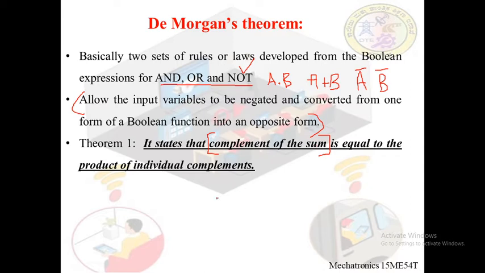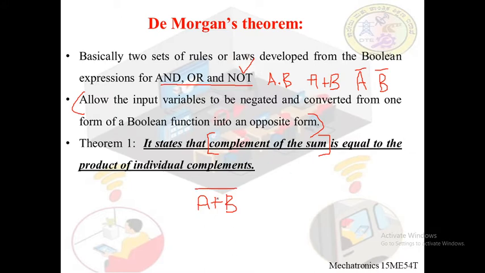Complement of the sum. We have two inputs in verifying this law. Sum, when we say sum, is nothing but A plus B. Complement of the sum means the sum is complemented entirely.